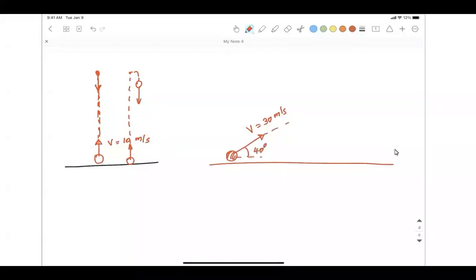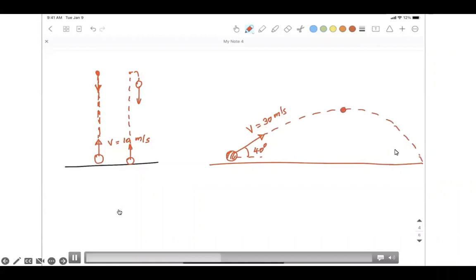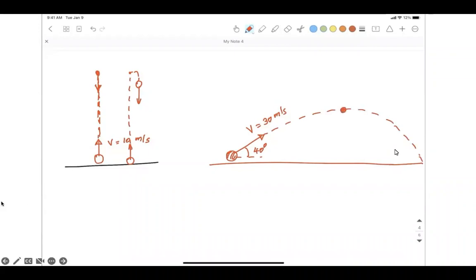This will do a parabolic motion and reach the ground level after some time. It reaches the maximum height right here, and from the start until this point it is going upward, now momentarily at rest, not going anywhere up, but then starts descending downward.